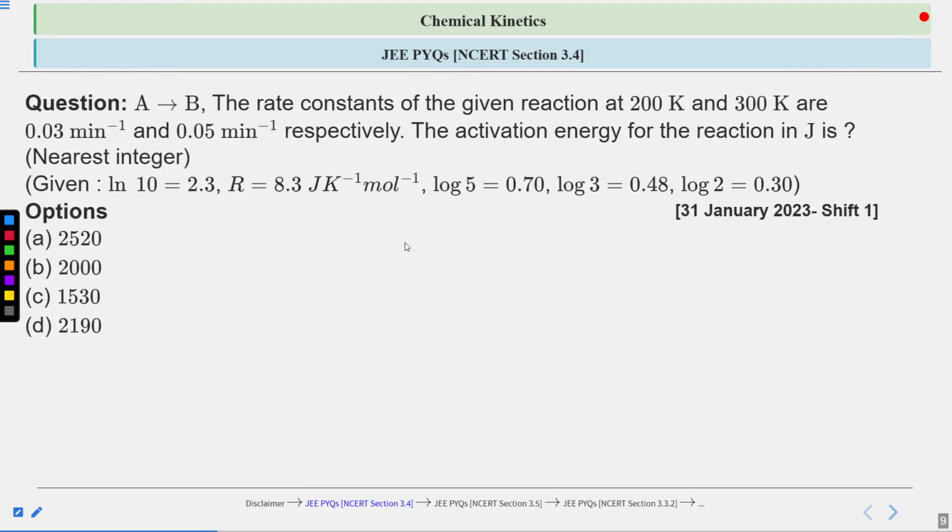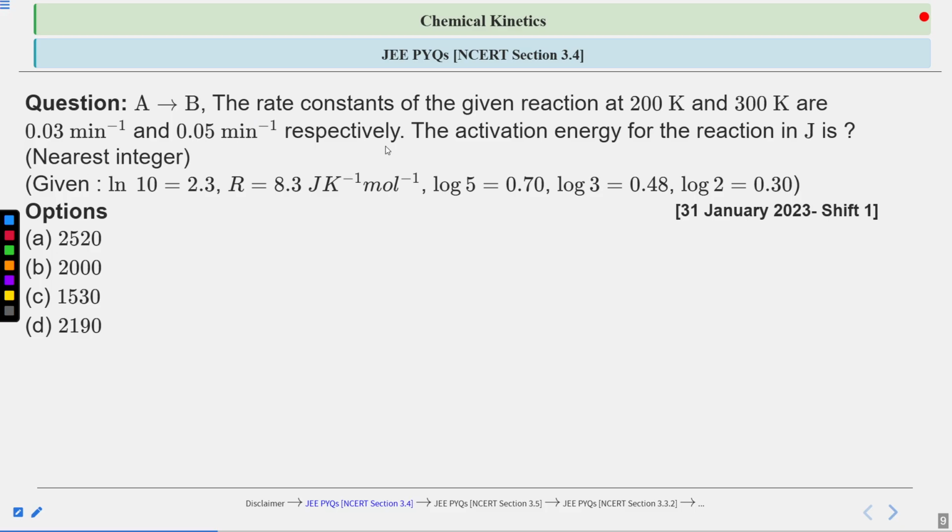This is a JEE PYQ, and this covers the NCERT section 3.4 from the chapter Chemical Kinetics. The question says that we are given a reaction A converting to B. You can clearly see that A is the reactant and B is the product. The rate constants of the given reaction at 200 Kelvin and 300 Kelvin are 0.03 minute inverse and 0.05 minute inverse respectively.